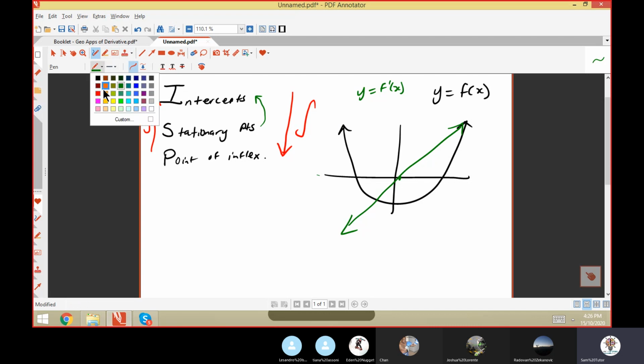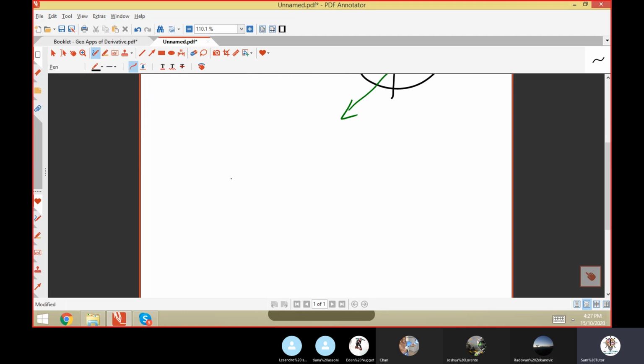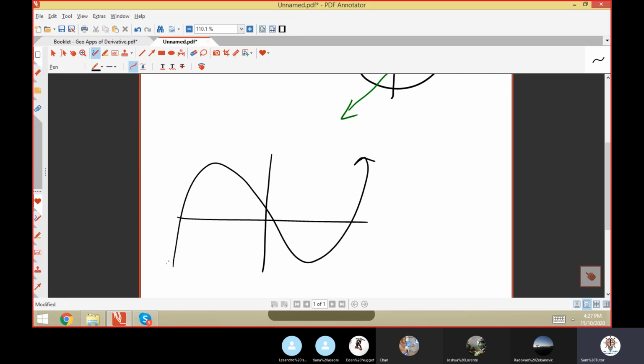Let's try that again with something like this. I'll put numbers in this time: -3, -2, -1, 1, 2, 3.